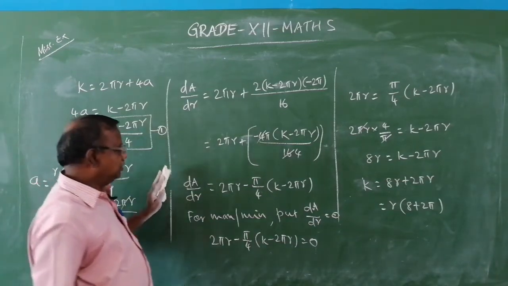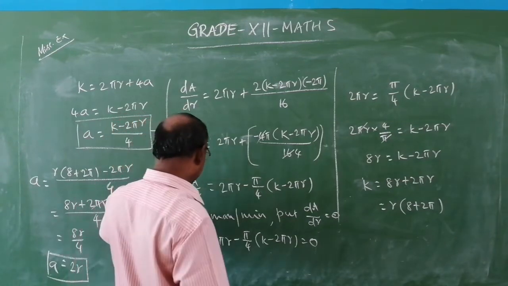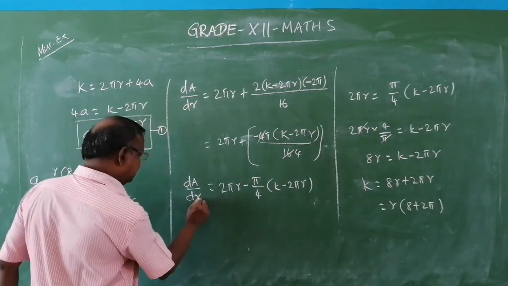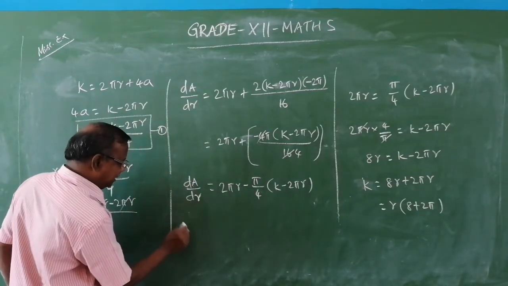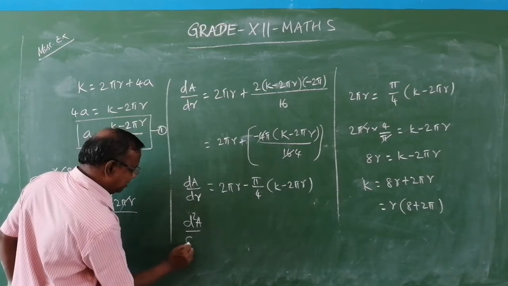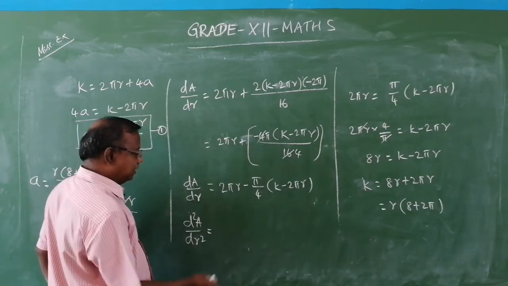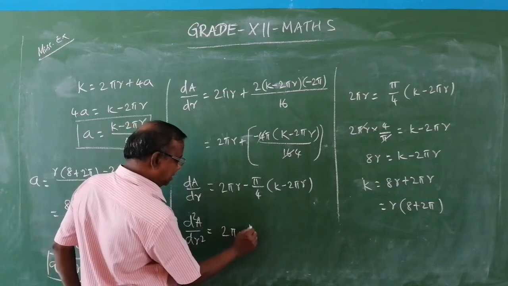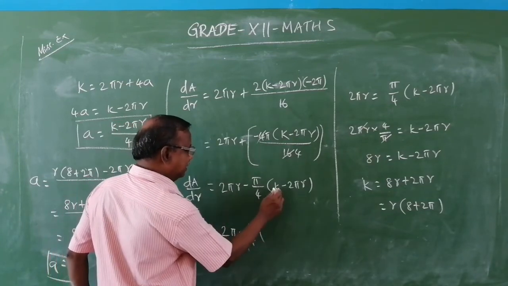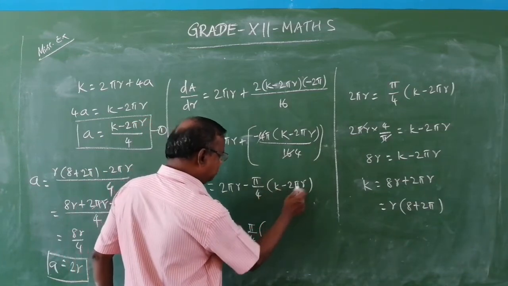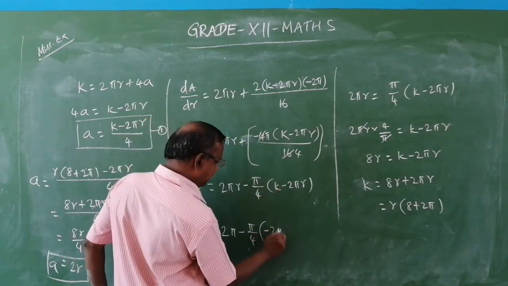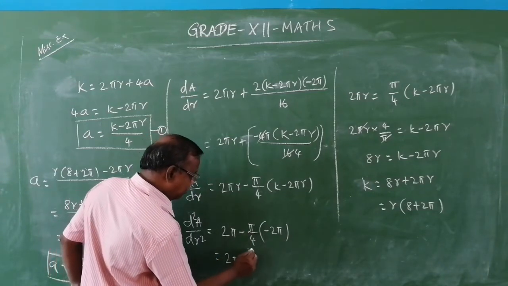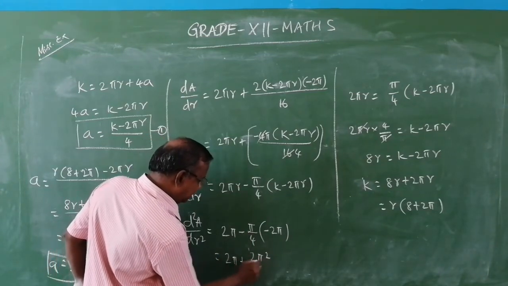Now we have to differentiate the derivative again. We need to find d square A by dr square. So d square A by dr square equal to 2 pi, and minus pi by 4 into, here constant 0, minus 2 pi r means minus 2 pi. So which is equal to 2 pi, minus into minus plus, 2 pi square by 4.